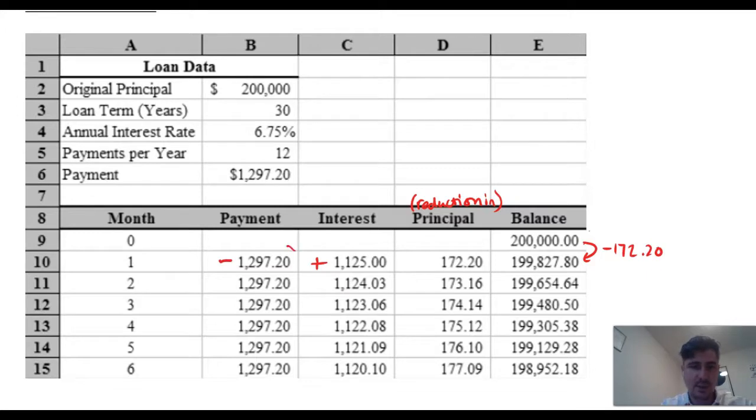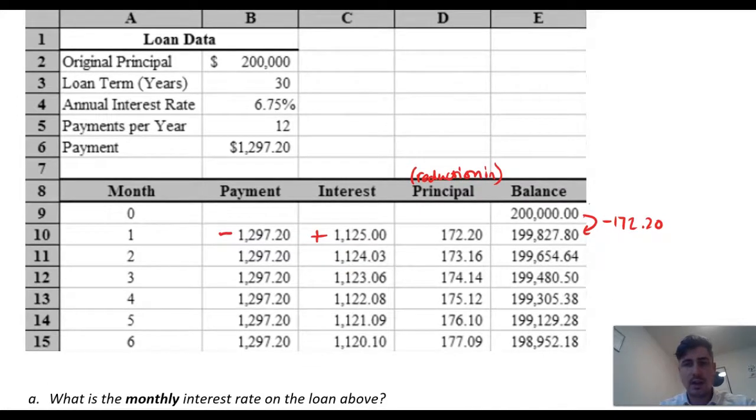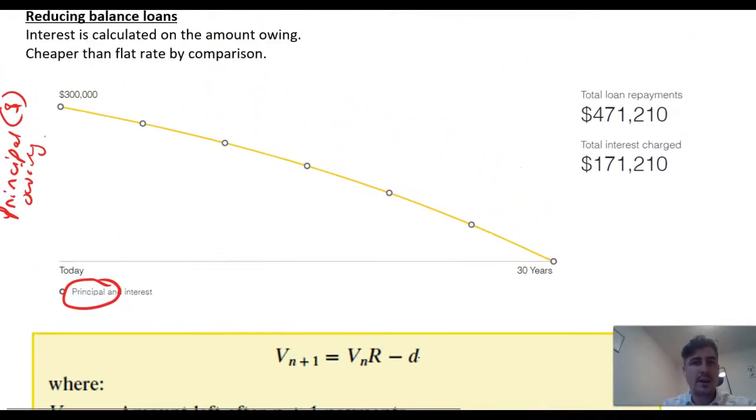That's the difference between the payment and the interest, because at the beginning of a loan, the payment is usually quite close to the interest, and that's how the bank makes their money. So the difference is the amount that they'll actually take off your owing balance. And so the balance goes down very slowly to start with, as you can see by the curve here. It actually starts off a bit flatter, but throughout the course of the loan it will drop more considerably.